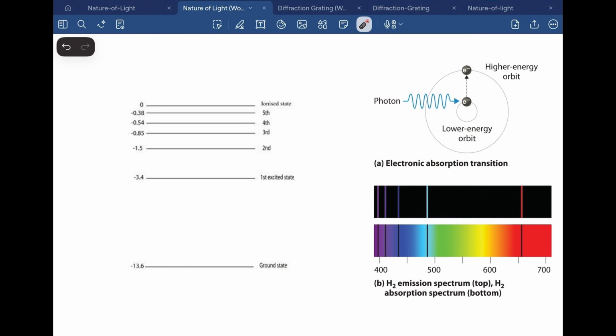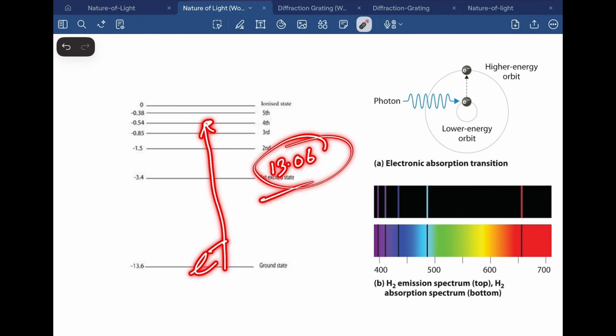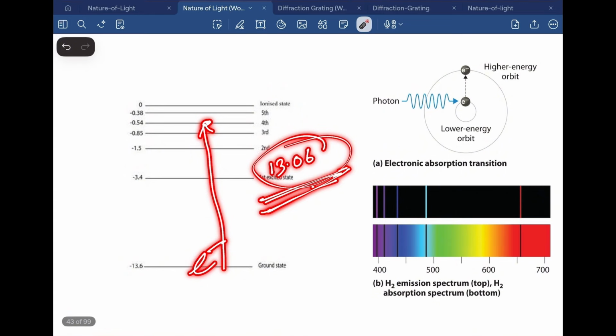But if the electron moves from this position to, let's say, here, at that time the difference is, let's say, 13.06, and that difference in energy levels is very huge. So now the photons that will be released will not be in the visible spectrum.